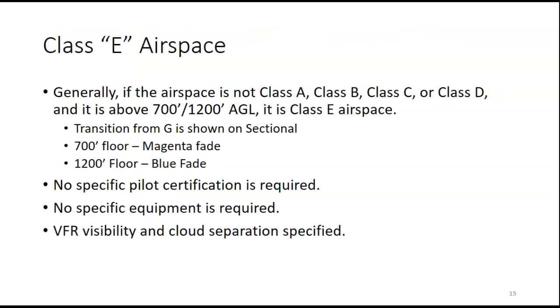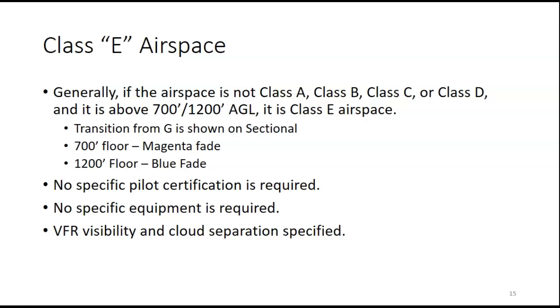Generally speaking, if airspace is not Class A, B, C, or D, and it's above 700 feet AGL or 1,200 feet AGL, it's Class E airspace. You can have transition areas from Class Golf to Class E airspace or Echo airspace shown on the sectional.